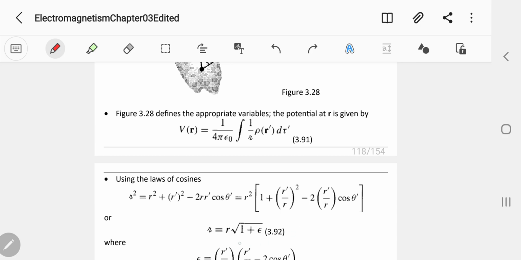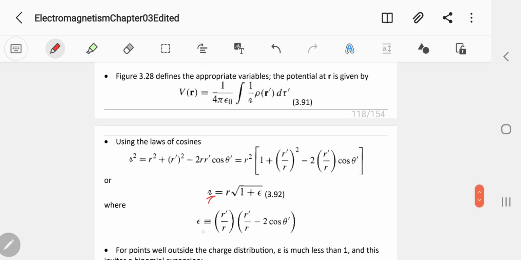In this case, you can write script r to be r times the square root of 1 plus epsilon, where epsilon here is just equal to this expression.